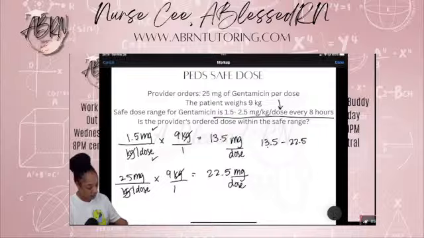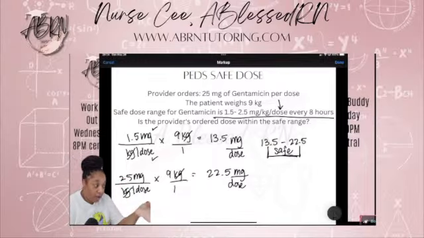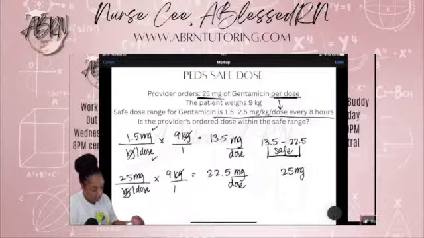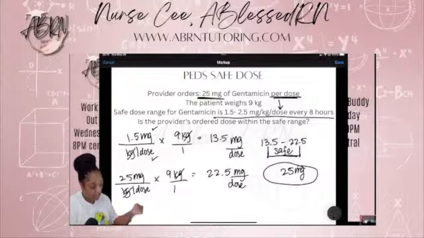If you are at or in between these numbers, you are safe. So now we can go to our order. Our order is 25 milligrams per dose, right? So that's what's been ordered. Is this 25 milligrams in the safe zone?